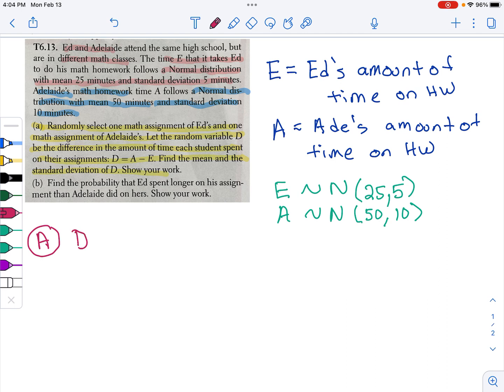So the difference is Addie minus Ed. And I like the way they've done this because you can see that Addie has a higher mean than Ed. So when we take the difference from Addie to Ed, we're going to have a positive number. And I always like to work with positive numbers.